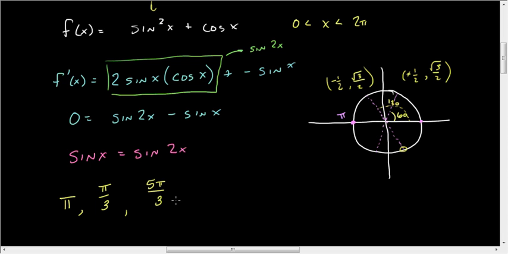If we subtract off that 6 pi, this is 4 pi over 3 at this point right here. So we have 5 pi over 3, and its match is 4 pi over 3. All right, so these are the three inputs in that range that you can put in.